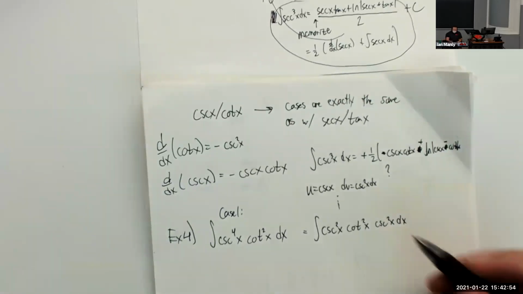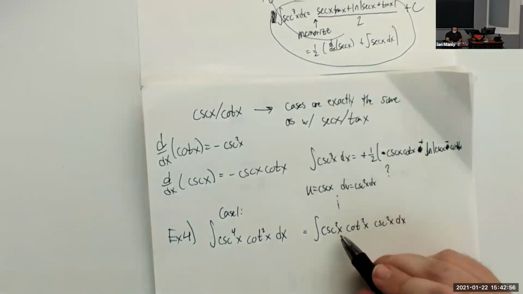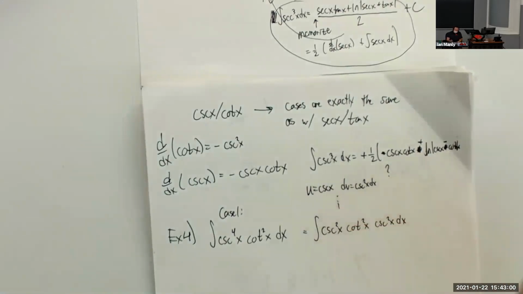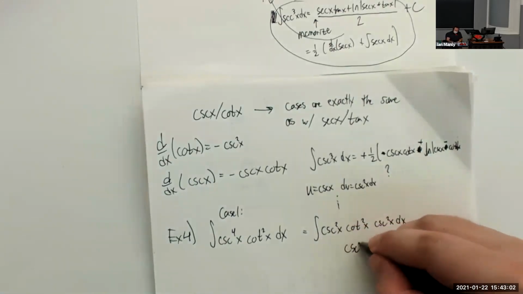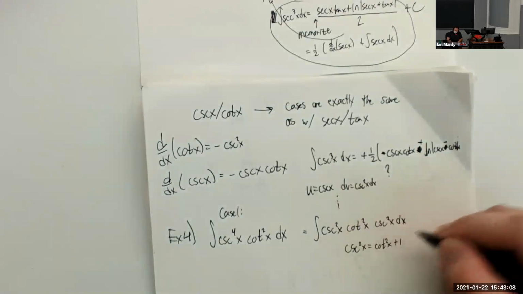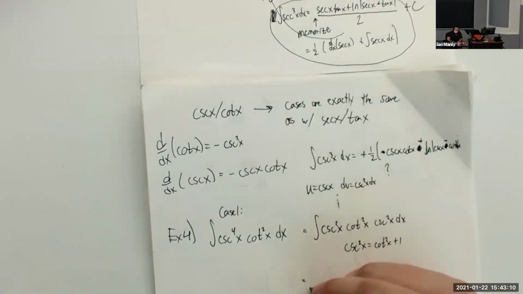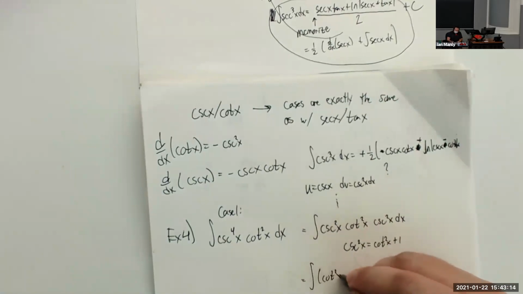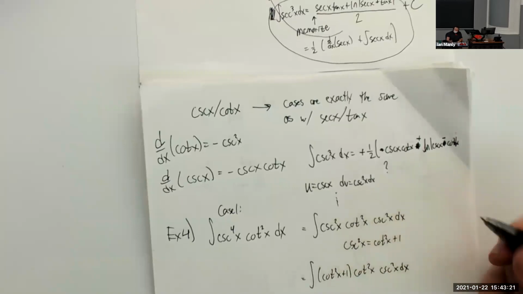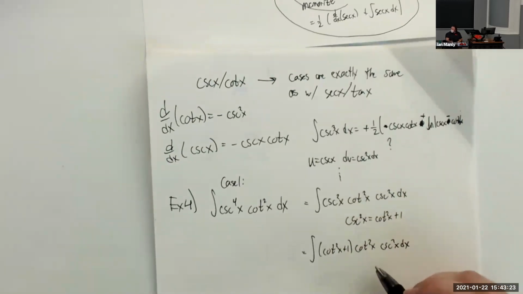Now we're going to turn everything into cotangents. Here's the Pythagorean identity for cosecant and cotangent. Cosecant squared is cotangent squared plus 1. So we're going to substitute this in here. And then what do you think is going to happen next?